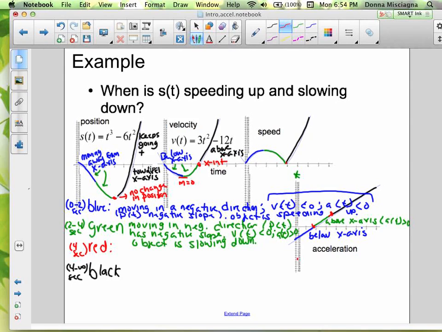All right, so right here we have a horizontal tangent. Right, so no change in position at 4 seconds. And we know there's no change because p of t has a horizontal tangent.